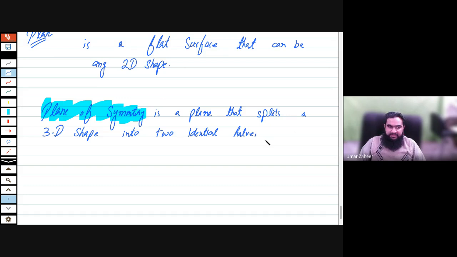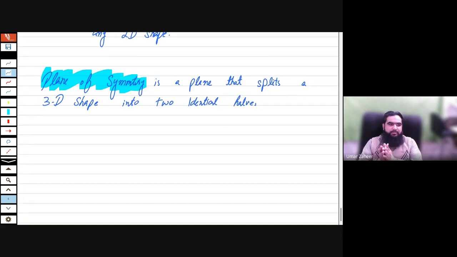In simple words, it just divides the 3D shape into two equal parts. So that is the plane of symmetry.